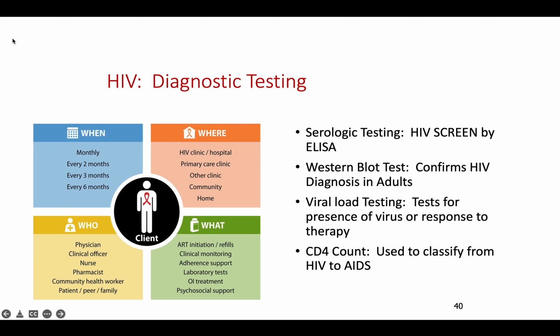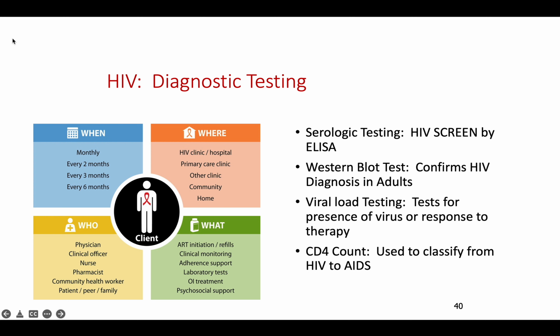So what do we do to diagnose HIV? To diagnose HIV, it takes surveillance over time because of the window period, or the time in the body that the virus can replicate without symptoms. So the first thing that we do is something called serologic testing through an ELISA test, okay? And this is what we call an HIV screen. So the ELISA test can be done in offices, clinics, health screening fairs, and it checks for the presence of the HIV antibodies.